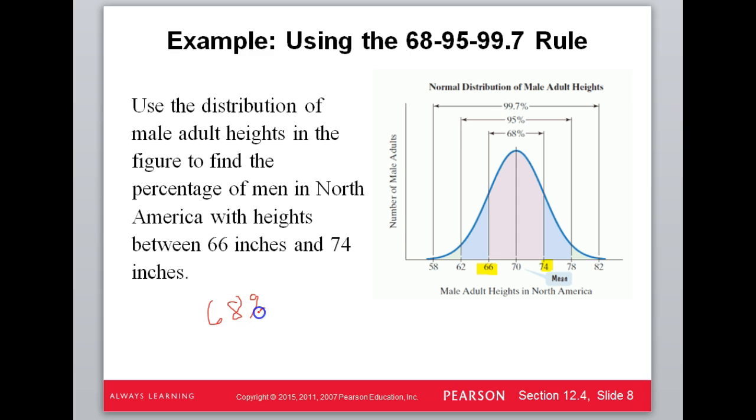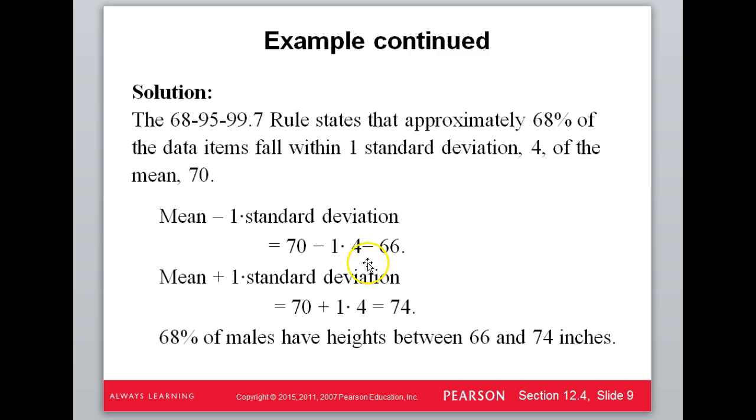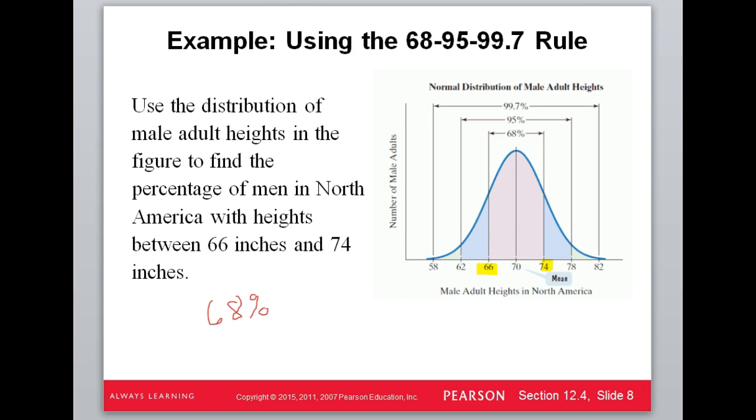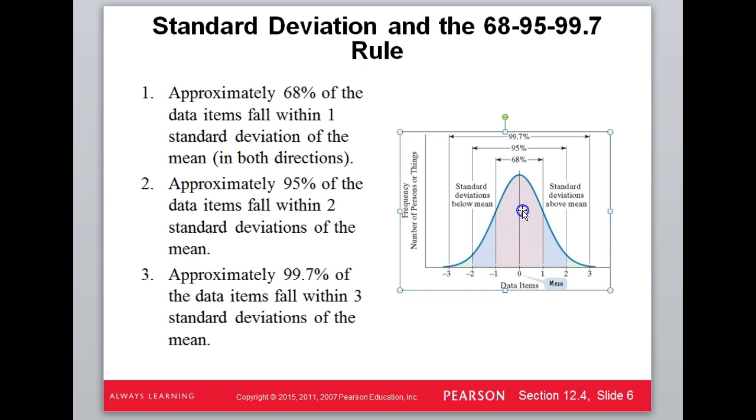Alright, that's the empirical rule, the 68, 95, 99.7 rule. That's 1 down, that's 1 up. So one deviation down, one deviation up, so it's about 68%. What you may want to do is take this image right here and just draw that picture, and put 0, 1, 2, 3, negative 1, negative 2, negative 3.